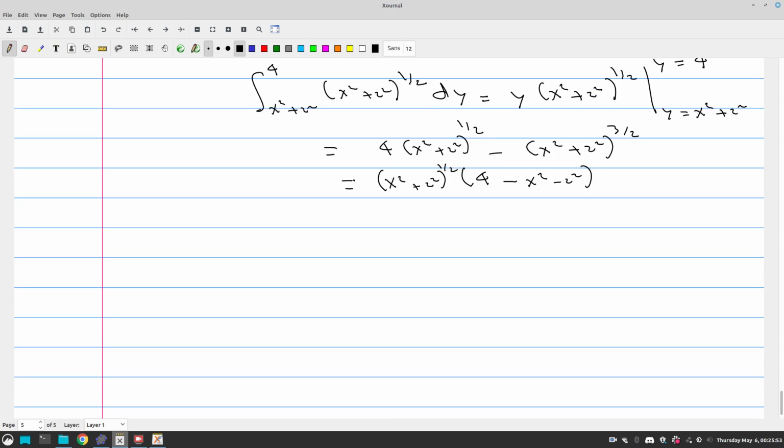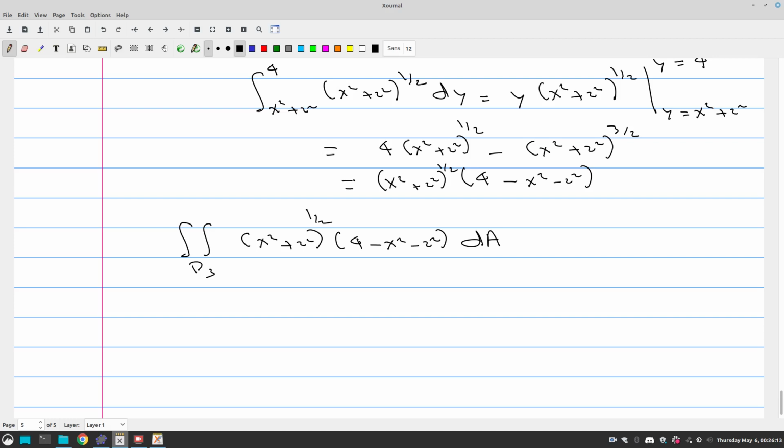It is the integral over D3 of x squared plus z squared to the half, times 4 minus x squared minus z squared, dA.